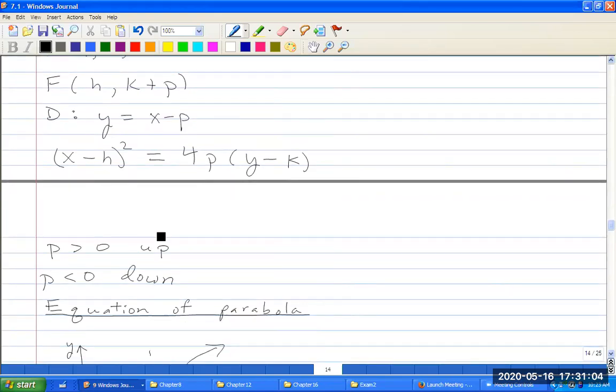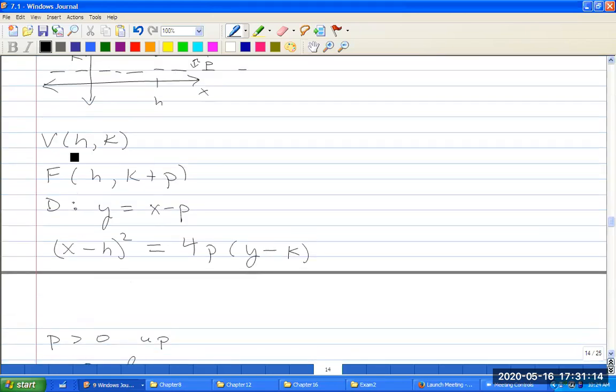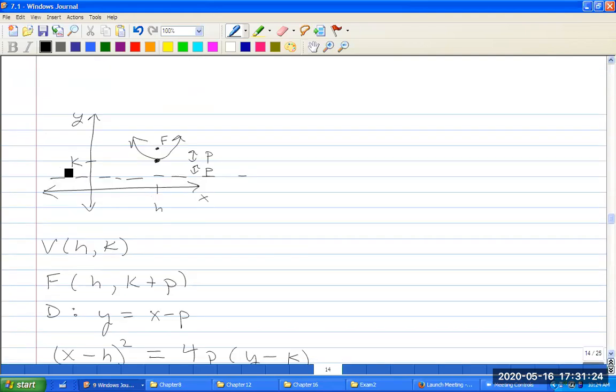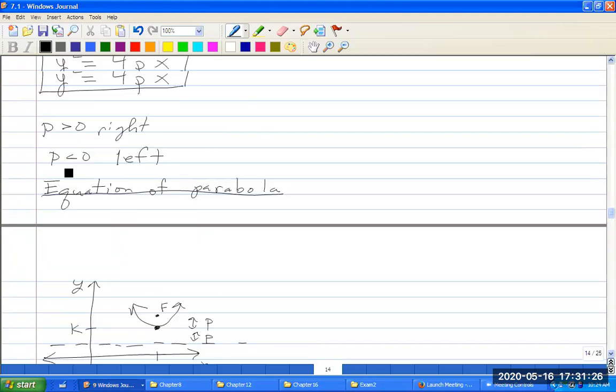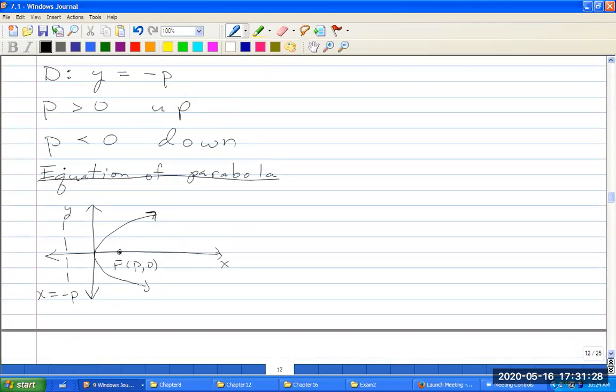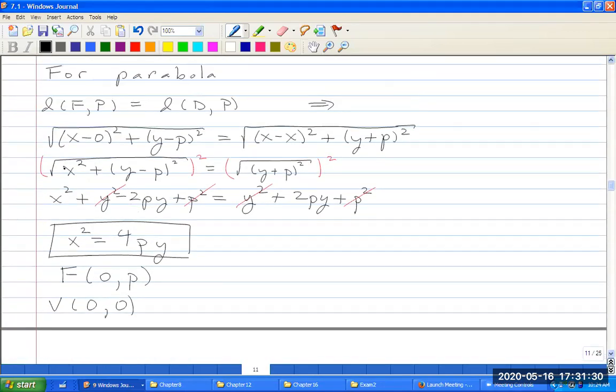Professor, again, for that question. Yeah, for the F, (h, k plus p), is that the focal point? Yes, F is the focus. I'm trying to understand, how did you get the k plus p? Because I add h and k.